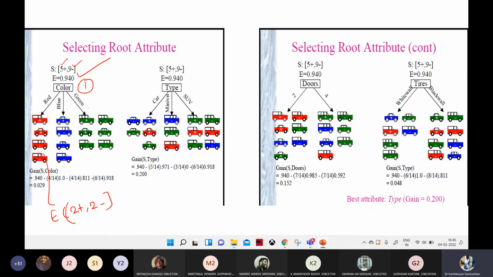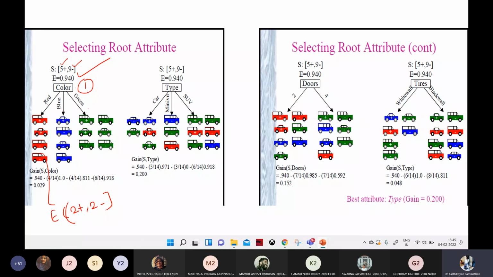Here 2 positive, 3 negative, so that value is 0.918. So totally 4, 4, and 6: 4 by 14, 4 by 14, 6 by 14 into the entropy values of the individual features, 1.0, 0.811, 0.918. So when you subtract, you will get 0.029 as your gain for color.